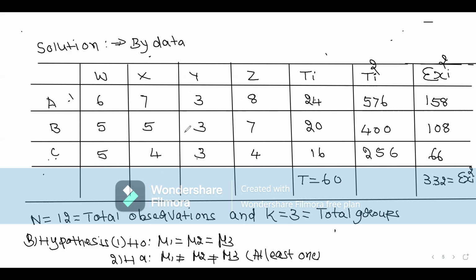Sometimes it may be 2 or 3 values, sometimes the sum of 2 values, or only 1 value. Then 400 divided by 4, and next plus 256 divided by 4.